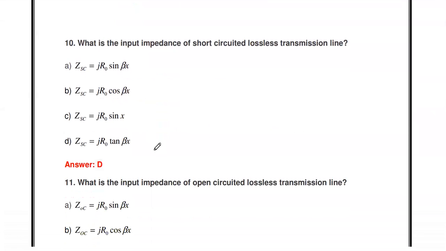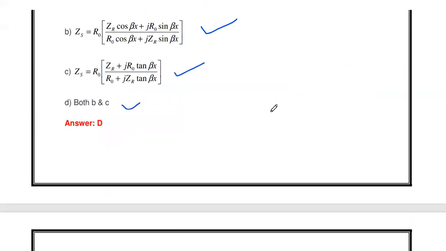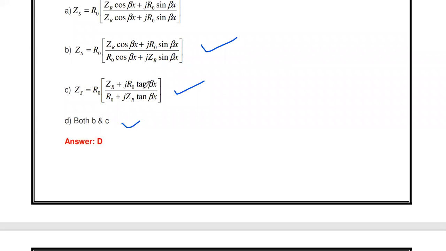Then the next question: what is the input impedance of a short circuited lossless transmission line? You know the short circuited transmission line. Short circuited means the load impedance is zero. So if you substitute ZR equal to 0 in the above ZS equation, either this or this, we get R naught into j R naught tan beta x divided by R naught.